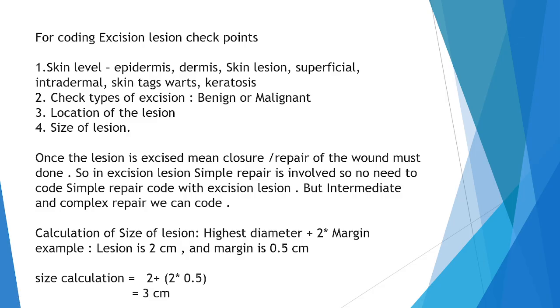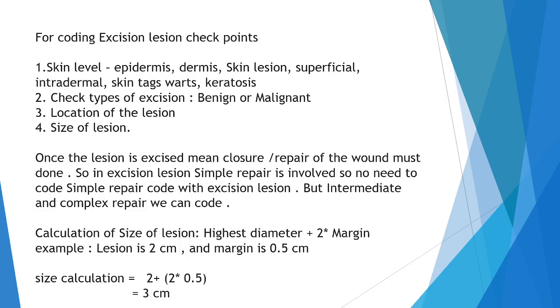In excision lesion, simple repair is already included, so no need to code simple repair with the excision. But intermediate and complex repair we can code along with the excision lesion in the integumentary system.